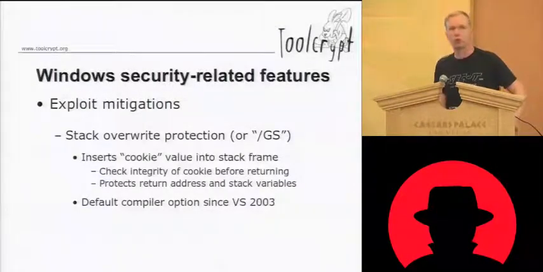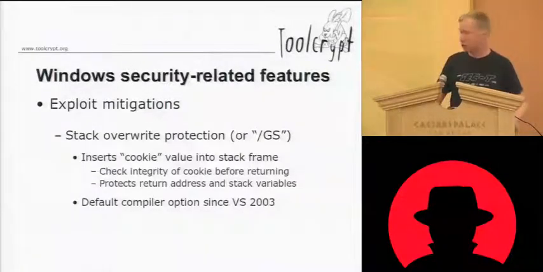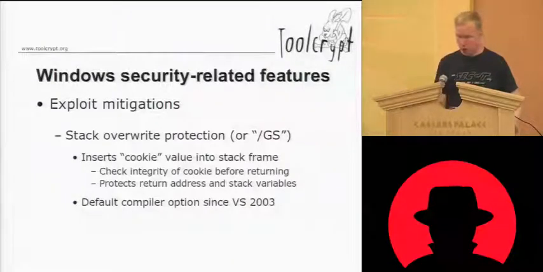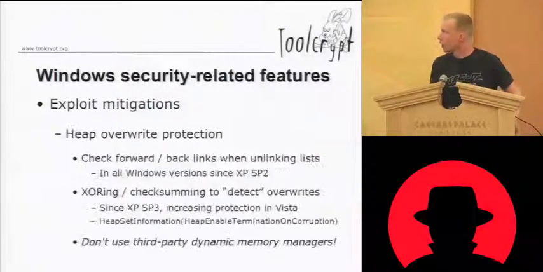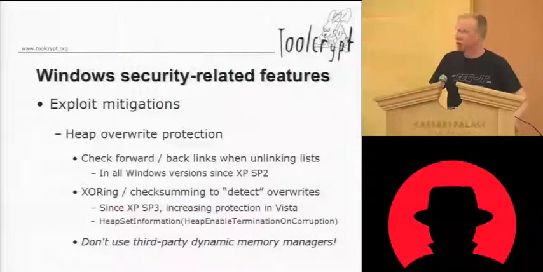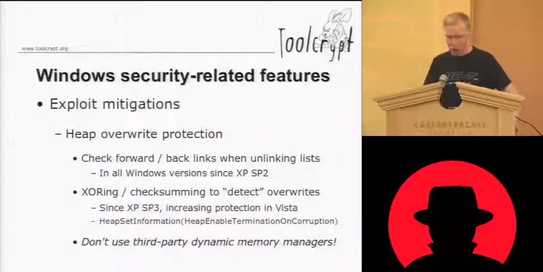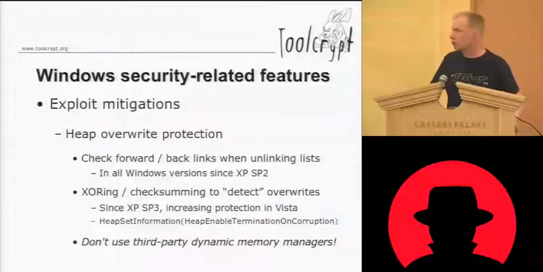And this has been a default compiler option, actually, since Visual Studio 2003. So if you're using the latest version of Visual Studio, the latest version of the Microsoft toolchain, you're probably already protected by this, if you haven't switched it off, that is. But buffers can not only be on the stack. Larger buffers are more often allocated on the heap. And there have been a lot of talks recently at recent Blackhat conventions about exploiting heap buffer overflows.